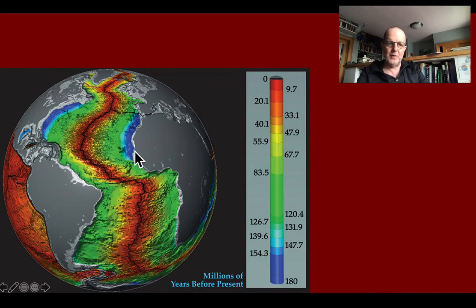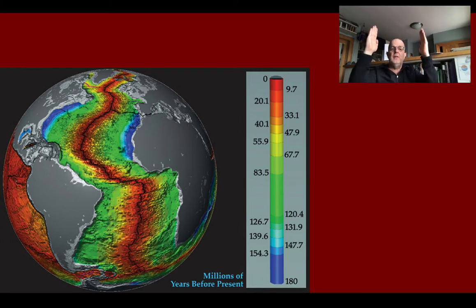And as we move towards the center, we see that the ocean crust gets lighter blue to green to yellow to orange to red to the present. Amazing. And this was done by coring the rock on the bottom of the ocean, determining its age on either side of the mid-ocean ridge once it was understood that it was spreading through the theory of magnetic reversals.